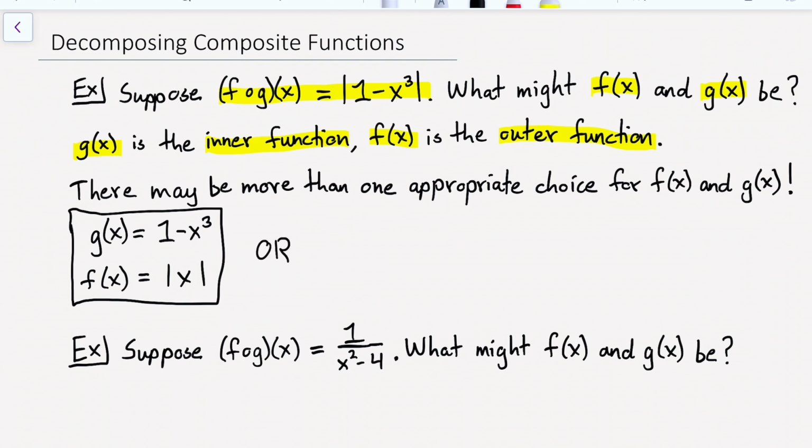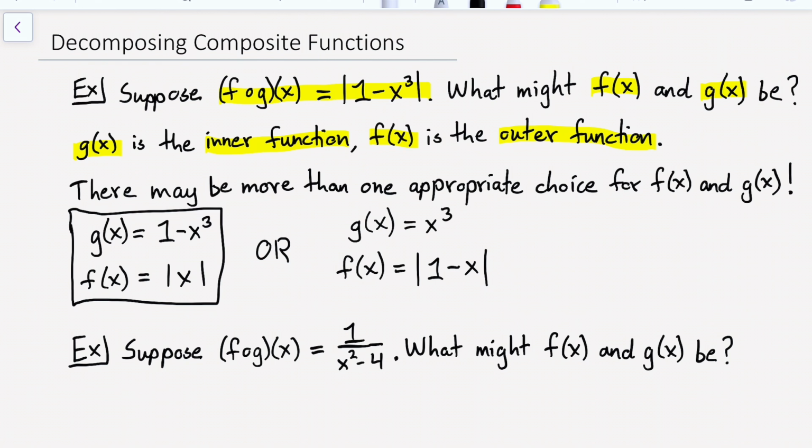But another student might look at the same equation and say, hey, g of x equals simply x cubed. That's what I see happening first to the x value. If we make that choice for g of x, then f of x equals the absolute value of 1 minus x.